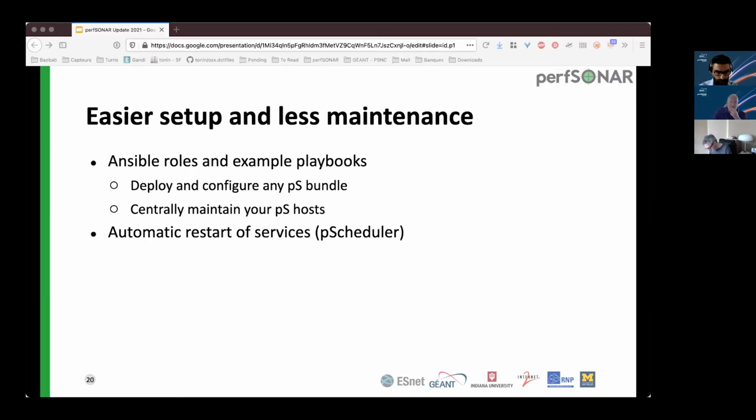There are also some improvements that have been done to pScheduler so that the services are automatically restarted in case they're crashing or failing for some reason or after some time.